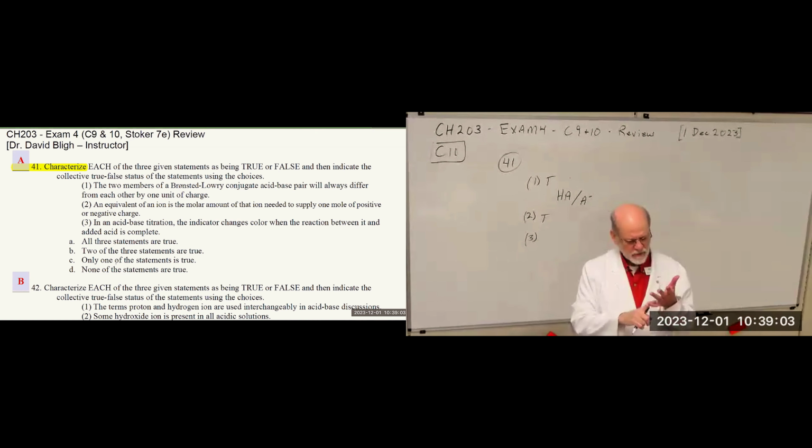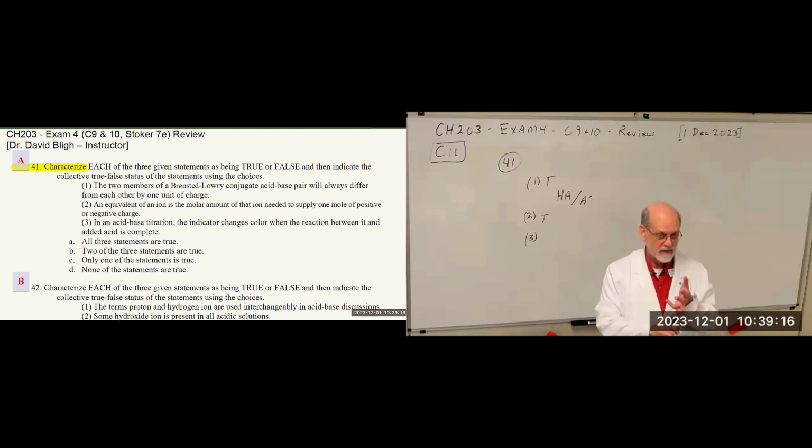Fundamentally, when you're using a color change indicator for an acid-base reaction, you want the color change to occur close to equivalence of the acid-base reaction under investigation.